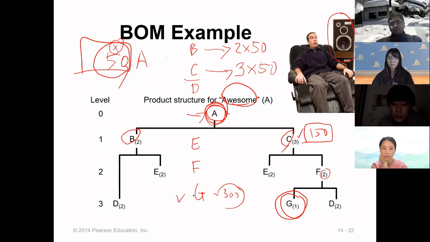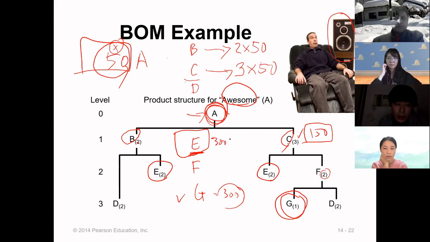How many E's do we need? 300. It depends on C and B because there's 2 here. So 300 plus 200 plus 200.